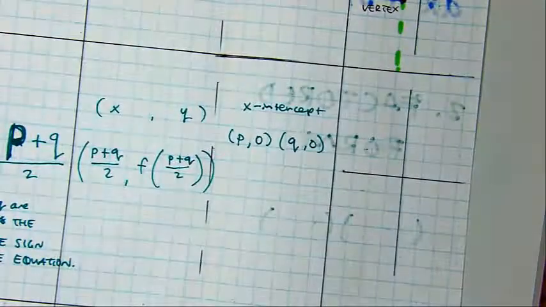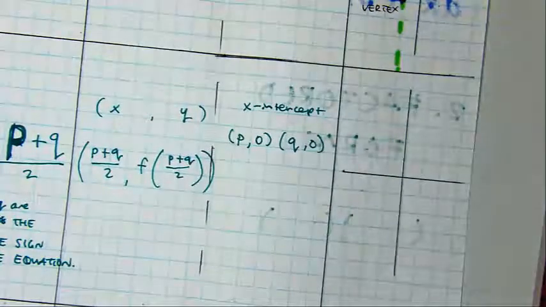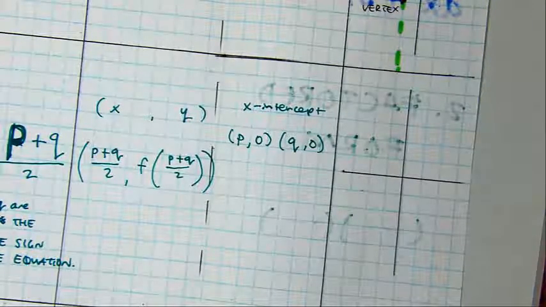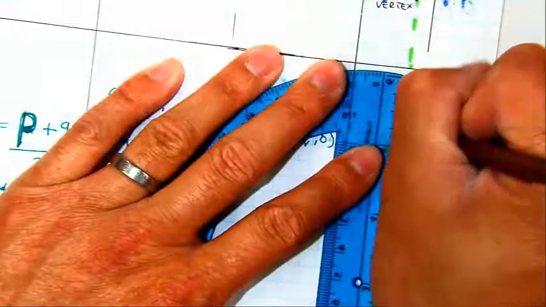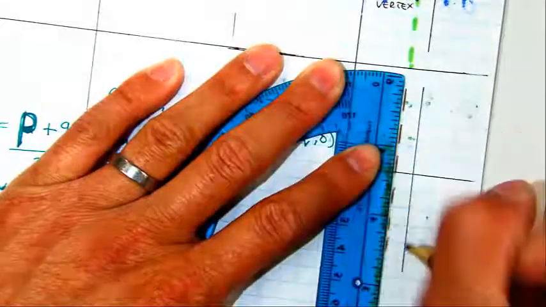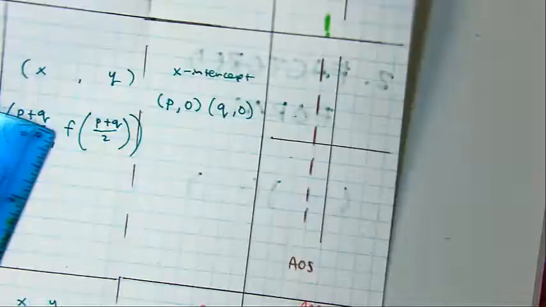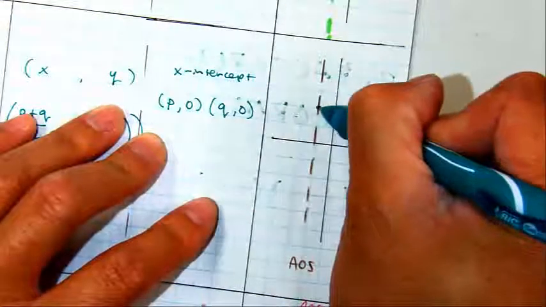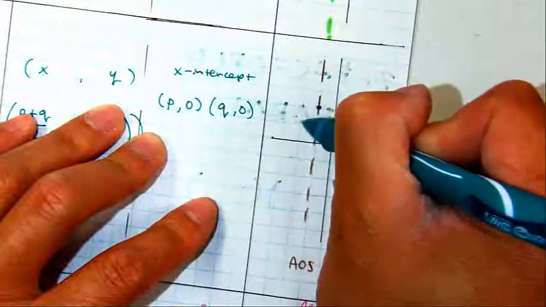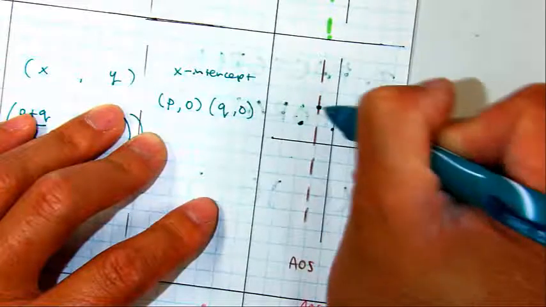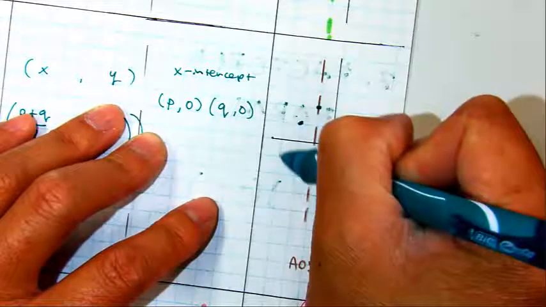So if I go over here and just graph a simple graph, let's just get a quick graph on here. So say we do the axis of symmetry here, my AOS, and let's just say we have something like this. Goes 1, 1, 1, 1, 2, 4, 2, 4.